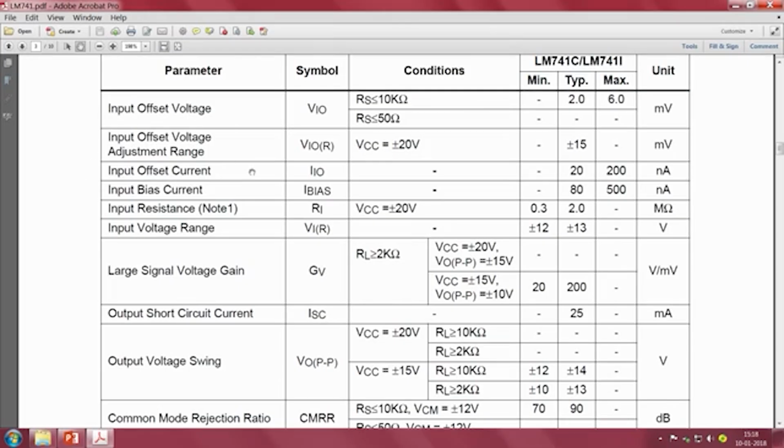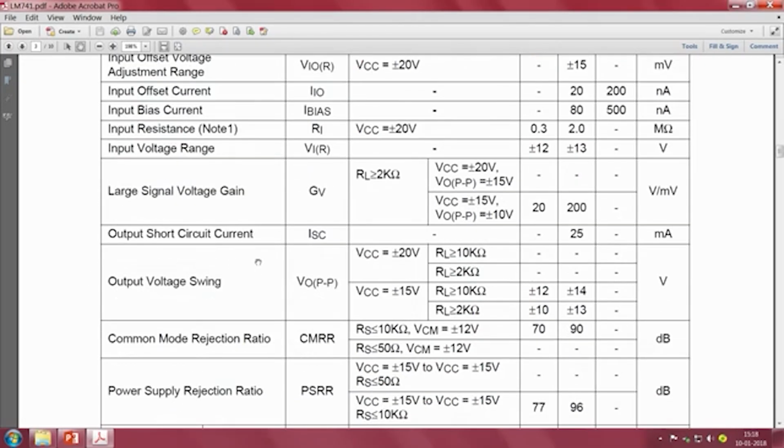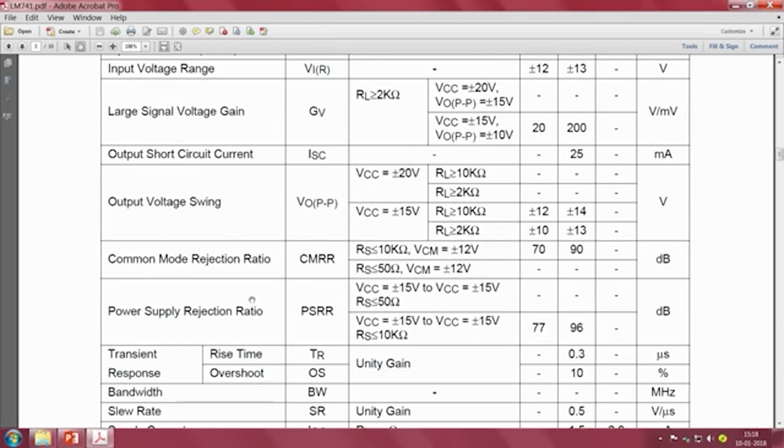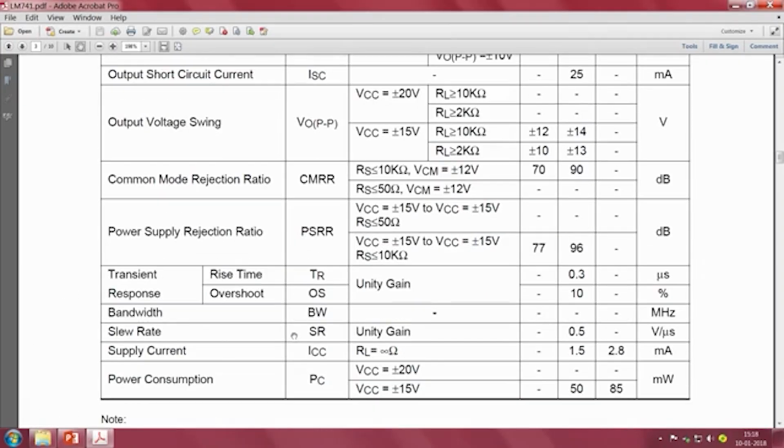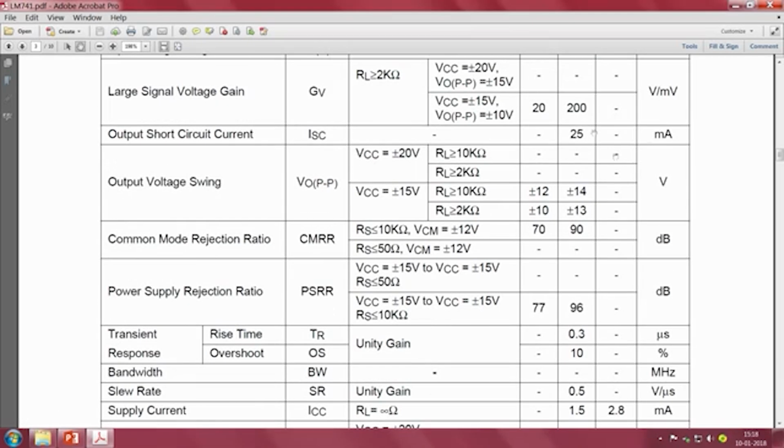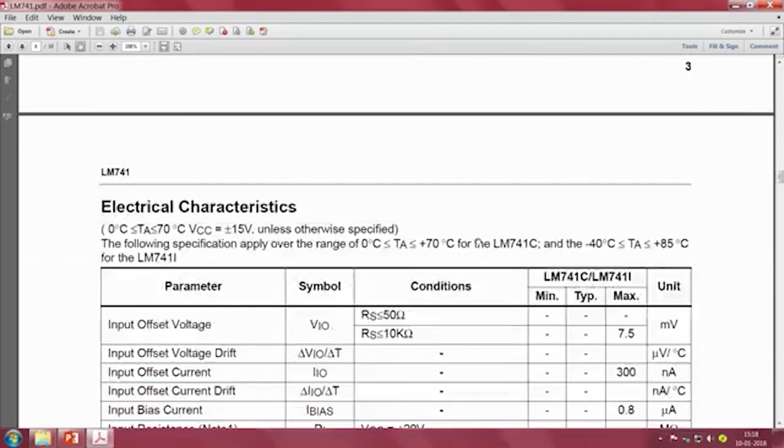We can compensate the effect of offset current and bias current. What is input resistance, input voltage range, output short circuit current, voltage swing, common mode rejection ratio, power supply rejection ratio, slew rate, bandwidth, power consumption, supply current. Now, we have seen everything in the slides, right.